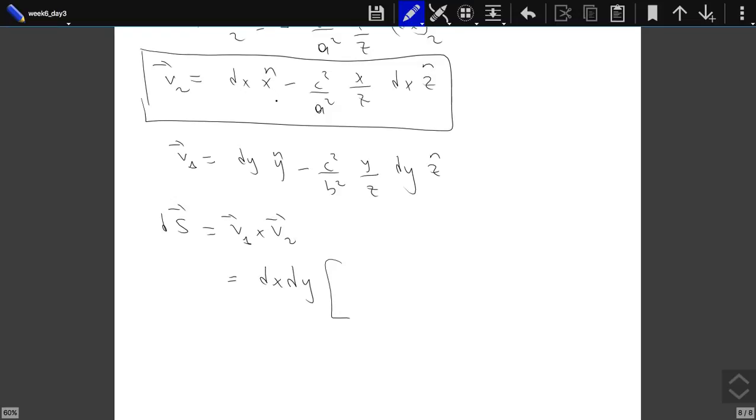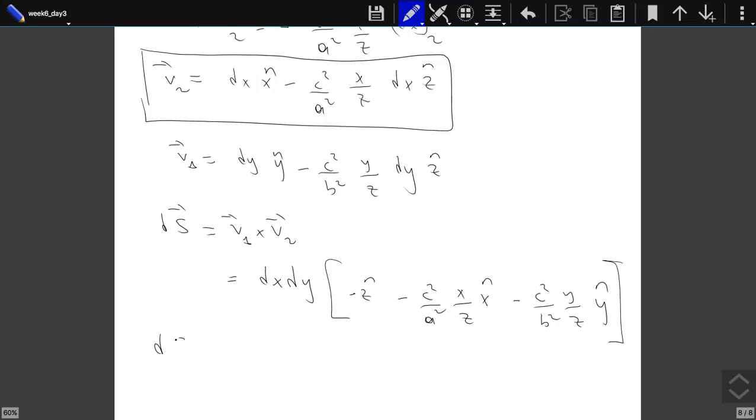Let's see, y cross z hat is x hat, plus minus c squared over a squared x over z in the x hat direction. So we are done with the first term in v1. Then z cross x gives y, so that is minus c squared over b squared y over z in the y hat direction, and z hat, that is 0. So this is our dS vector.